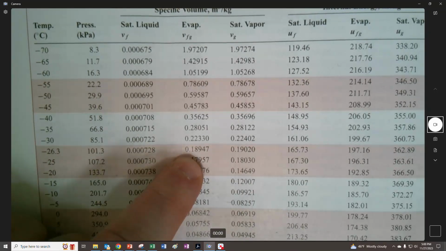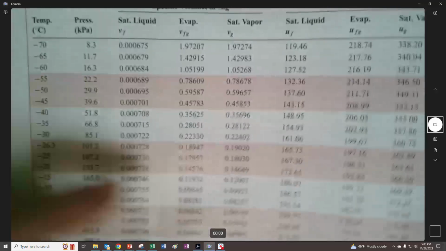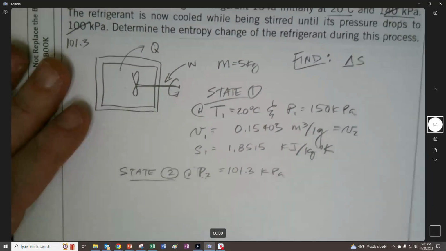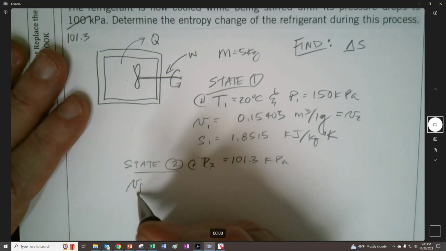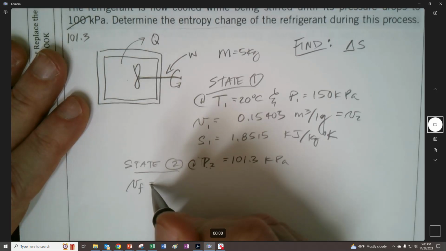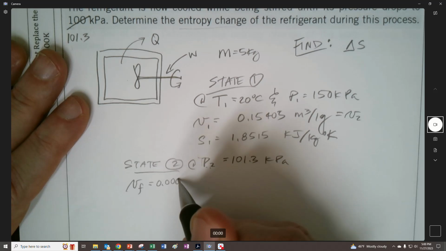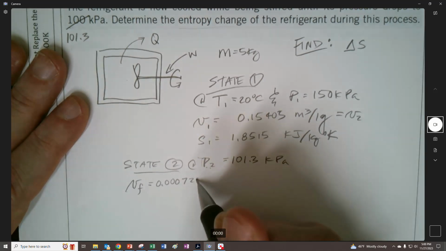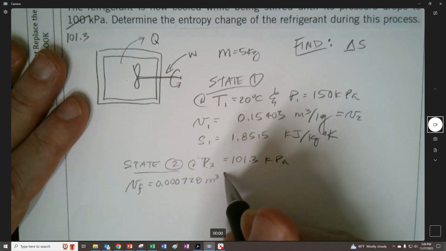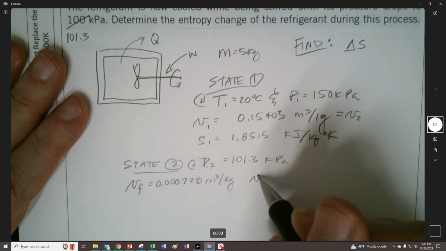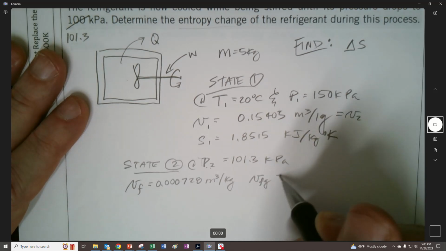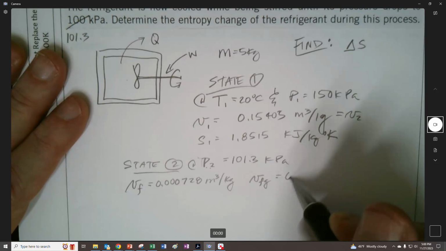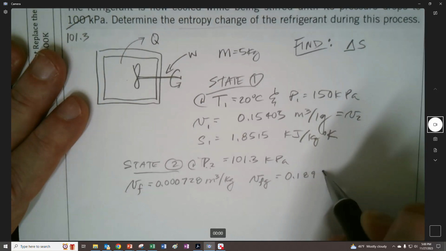and we can find out what the quality of those are. So what we found out was VF is 0.0130728, and VFG is going to be 0.1894.